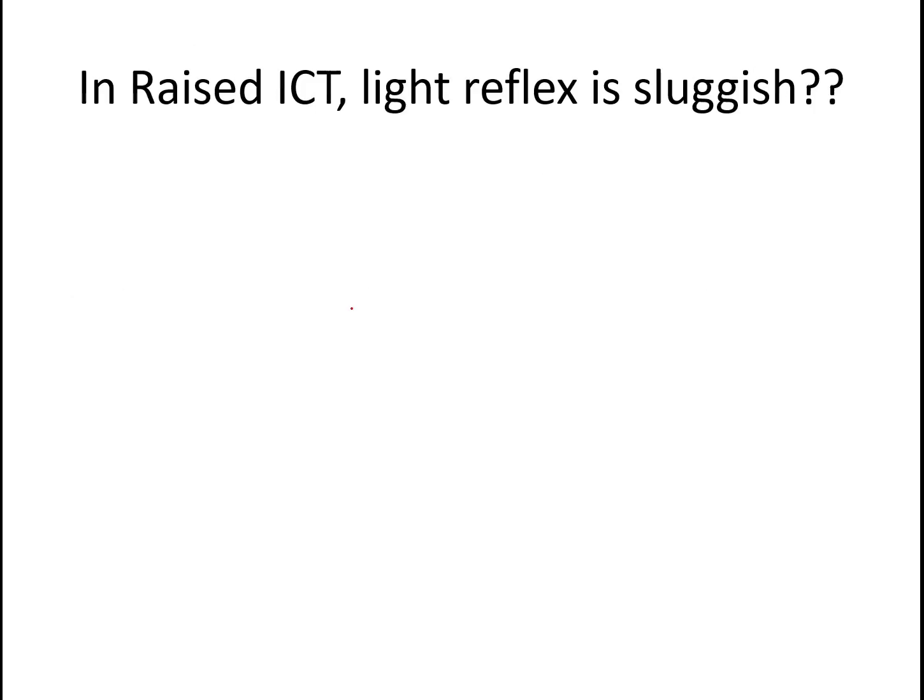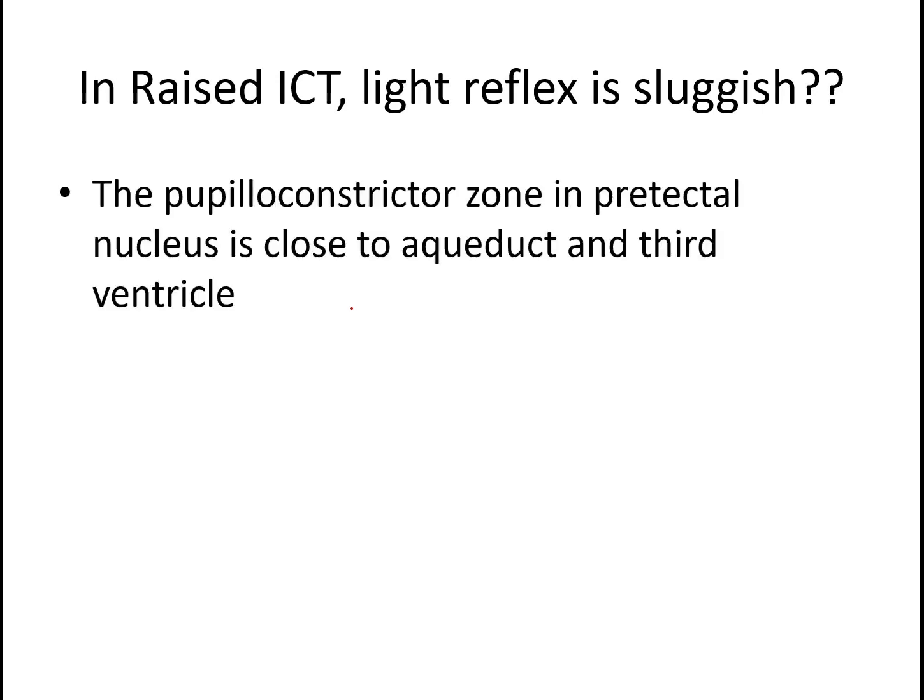Again, in some patients, like patients with raised intracranial tension, the light reflex will be sluggish. The reason behind this is that the pupilloconstrictor zone in the pretectal nucleus is very close to the aqueduct and third ventricle. I think you know the aqueduct of Sylvius connects the third ventricle to the fourth ventricle, and if there's any block, there's raised intracranial tension.